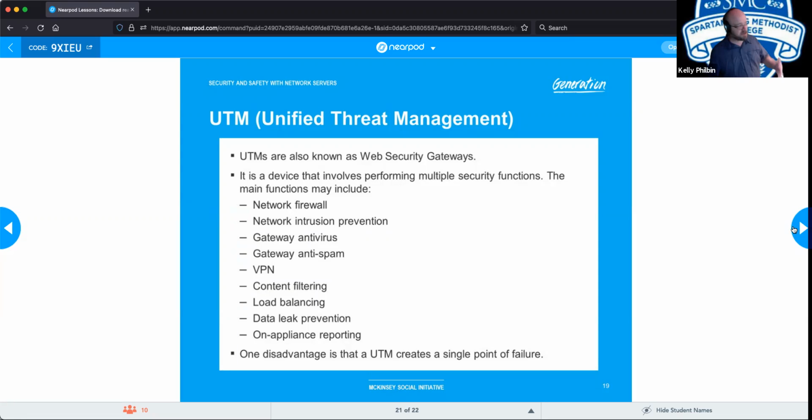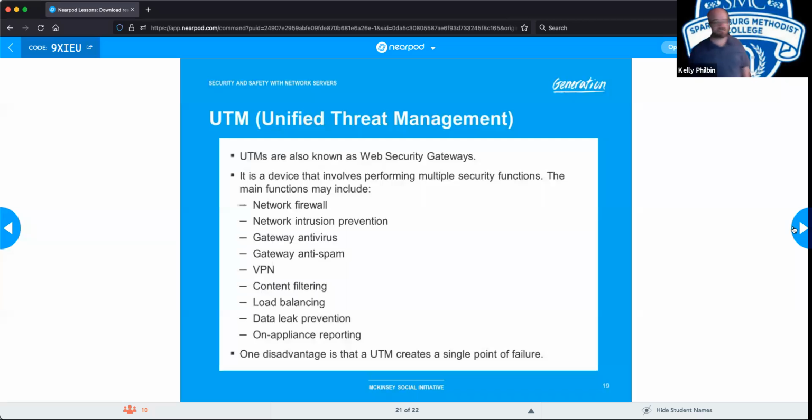It is a combination of network firewall, network intrusion prevention, gateway antivirus, anti-spam, VPN, content filtering, load balancing, data leak prevention, and on-appliance reporting, all in a singular device. Sounds pretty awesome, right? All in one, fantastic. I buy this and I can check out. I'm done. No more security.